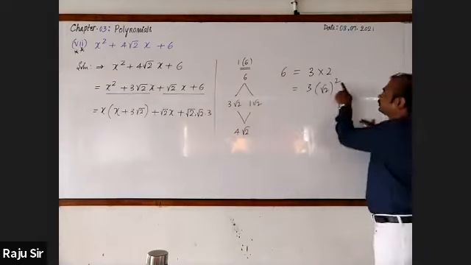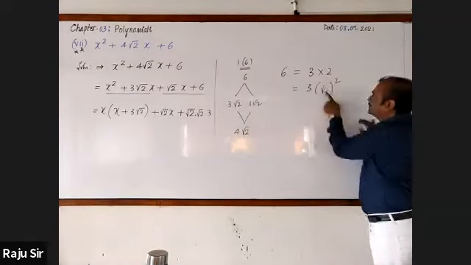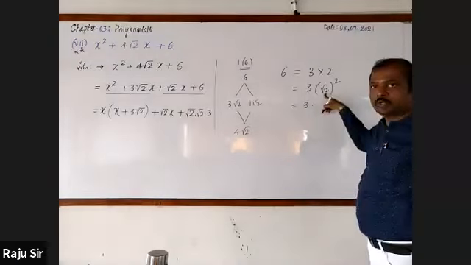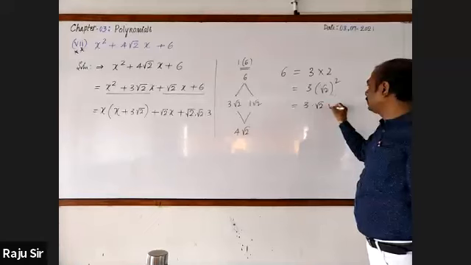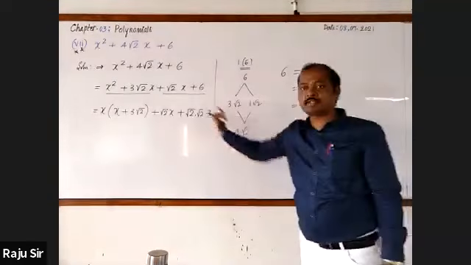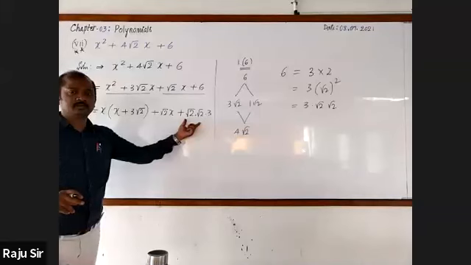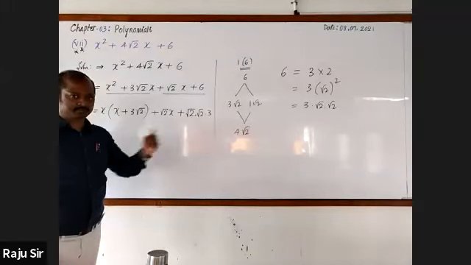But root 2 whole square is 2, and the root gets cancelled. Then this is equal to 3 into root 2 whole square, which can also be written as root 2 into root 2. Any doubts? No, sir. Okay, now you may copy it.